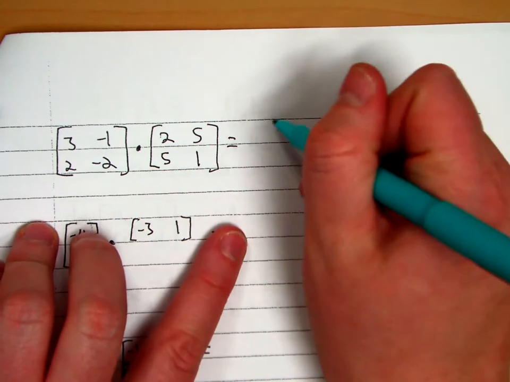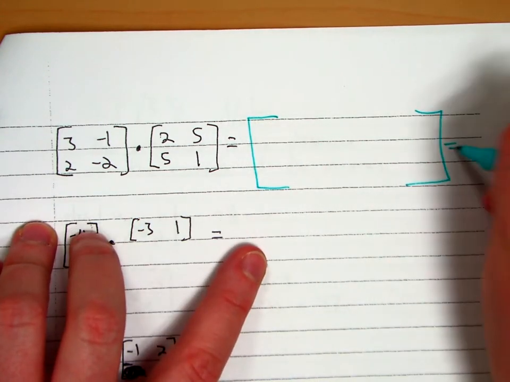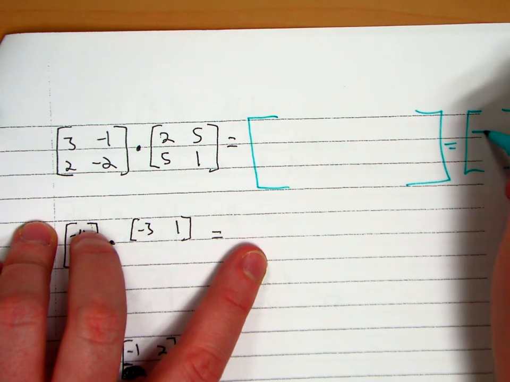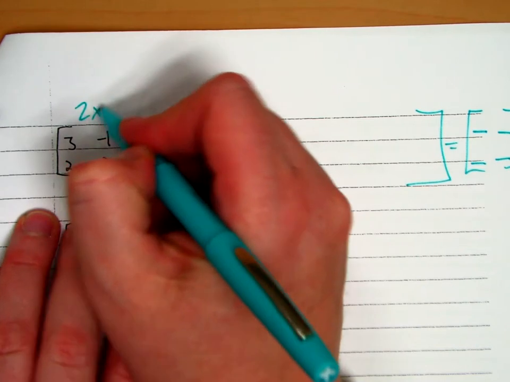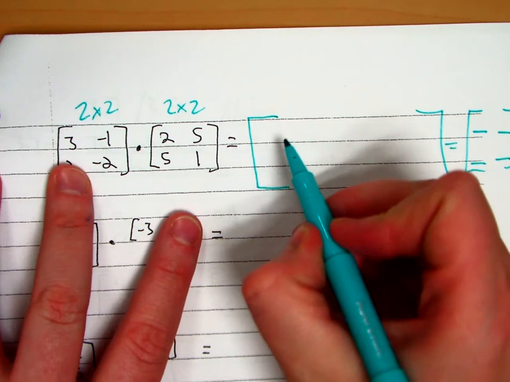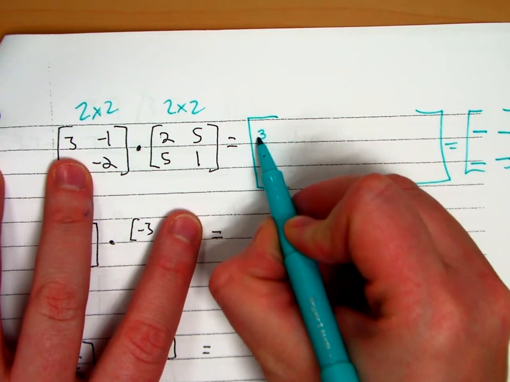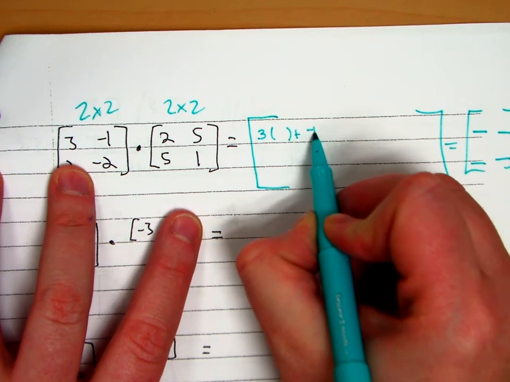Okay, so what I like to do is I like to make out a really big answer and then simplify them. This is a 2 by 2 times a 2 by 2, so my answer is going to be a 2 by 2. So row 1 is a 3 times something plus negative 1 times something.